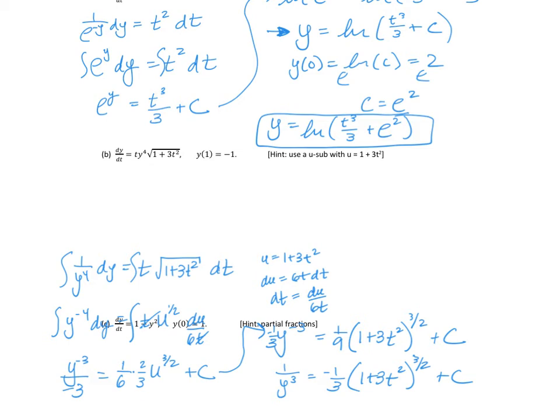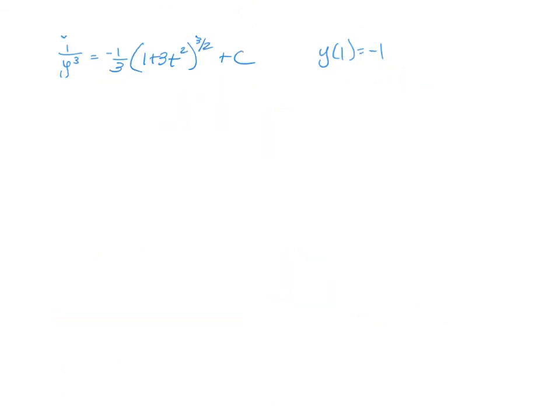And then, okay, so I'm running out of room here on this page, so I'm going to go to a new slide and finish this up. 1 over y cubed equals negative 1/3 times 1 plus 3t squared to the 3/2 plus c.